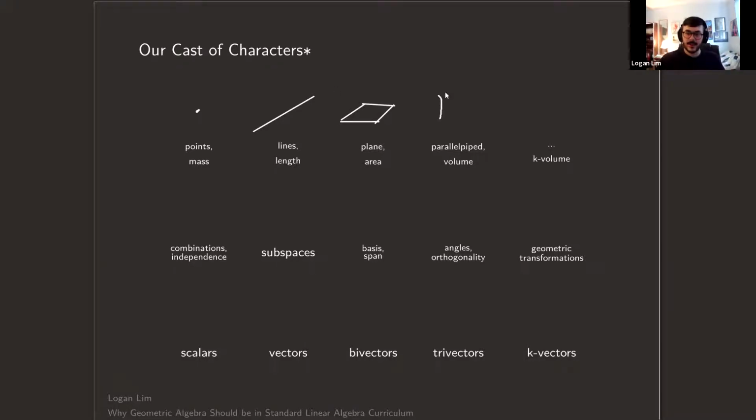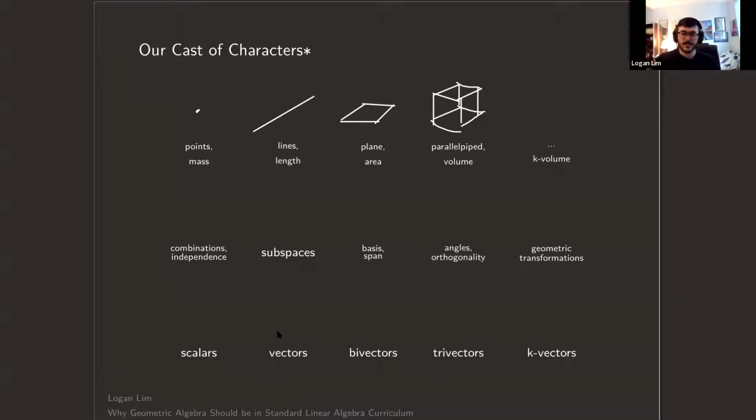There are these things called parallelepipeds, which are sort of these boxes. A really bad box, but. And we also have higher dimensional analogs. We can imagine things like k-volumes and such, right? In order to conceptualize these sorts of objects, we use things called vectors.